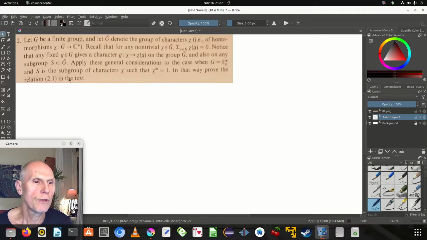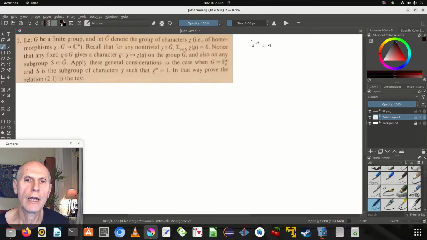In this way, prove the relation 2:1, which says that when we solve an equation x to the n equals a, then the number of solutions equals the sum over the characters whose n-th power is unity, evaluated at a.